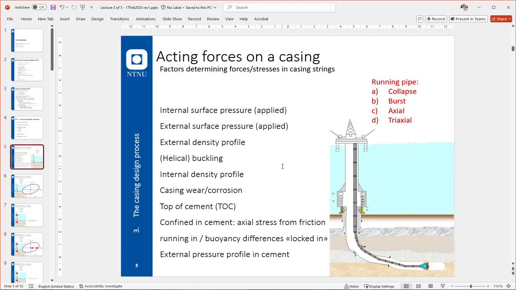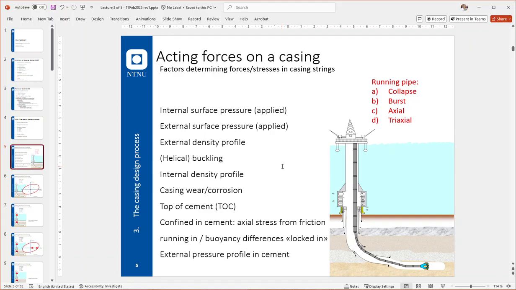You can drill with anything from 1.03, typically saltwater profile, up until very high densities in HPHT fields. But normally the weight would be typically, say, just to pick a number, 1.2 SGs.